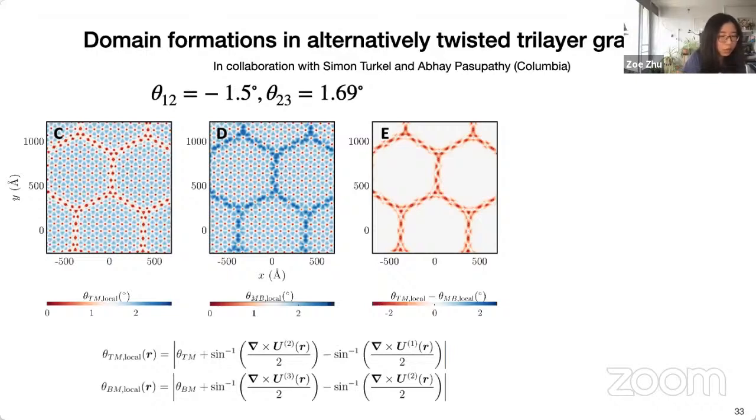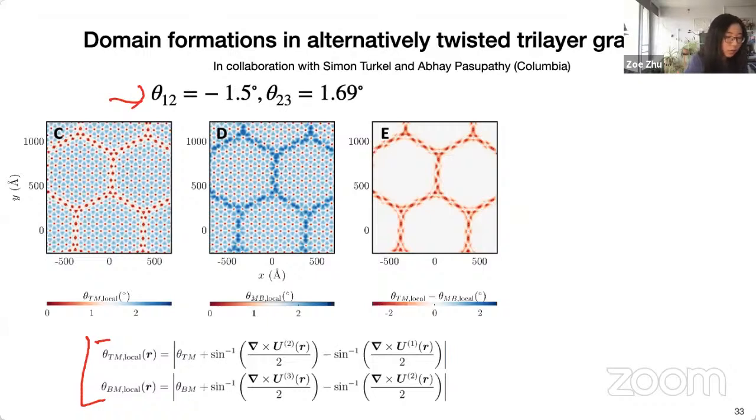And basically, what we are showing here is the local twist angles with these two sets of global twist angles. The variation of the local twist angles is calculated based on the relaxation displacement vectors. And we see that the relaxation forms triangular domains on the bilayer scale and also hexagonal domains on the large trilayer scales.